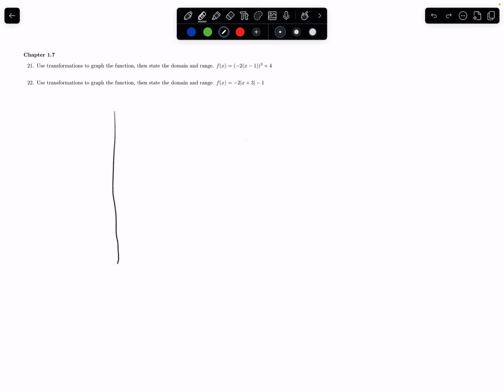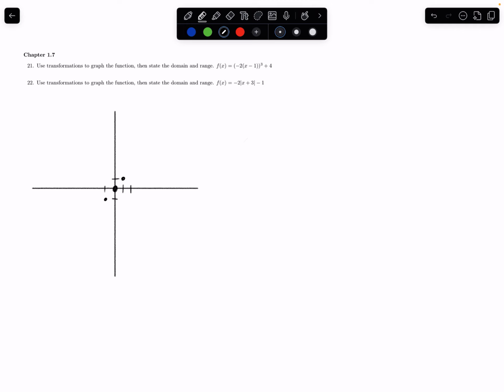Let's start with the original function graph. I'm going to do 21 first. The original function is a cube function, right? So that one passes right through the center. If I cube 1, it is still 1. -1 cubed is going to be -1. So I have -1, -1, and 1, 1.